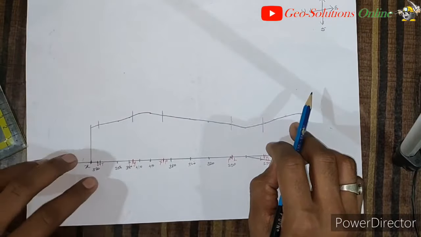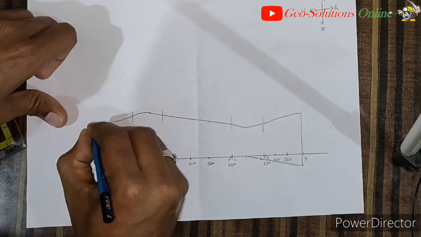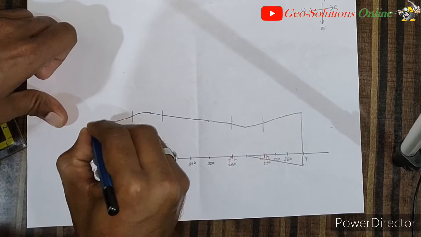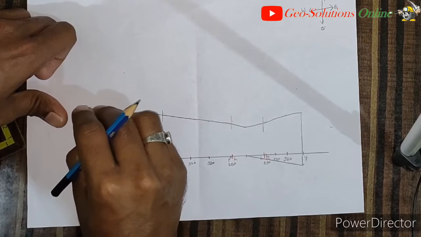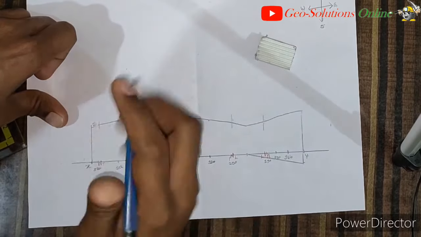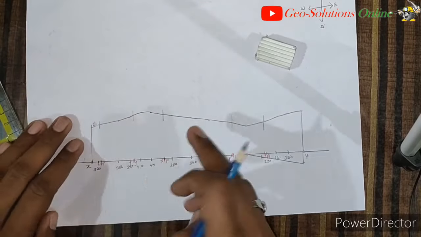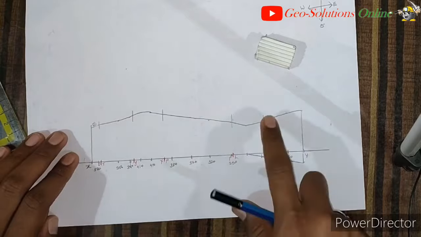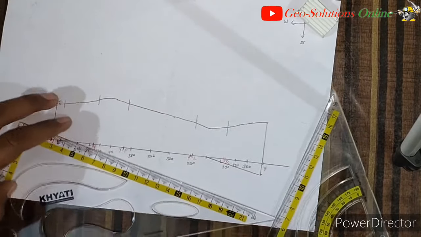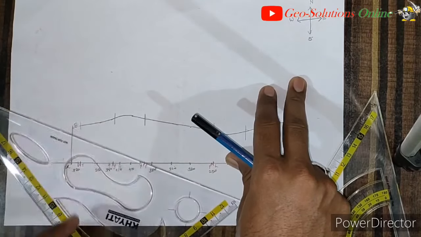Okay, so here our bedding planes are marked. This is D T bedding plane, T Y bedding plane point, Y P, P L and L B. Okay, how to plot the beds with the help of a set square.